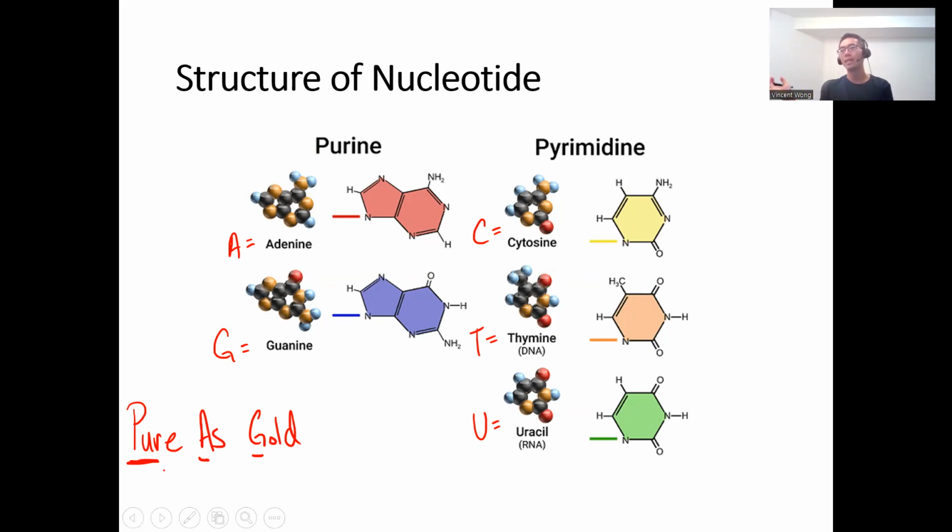Everything else is pyrimidine. Also, purine has 2 syllables, so 2 syllables, 2 rings. You can come up with your own way of remembering it, but that's how I do it. So purines have 2 rings, and pyrimidine has 1 ring in the structure. Keep this in mind because it will help us understand the structure of DNA in the next couple of slides, I think.